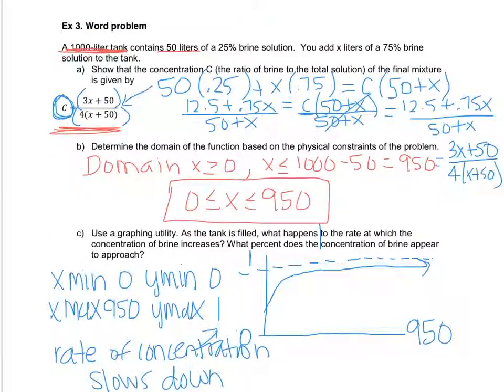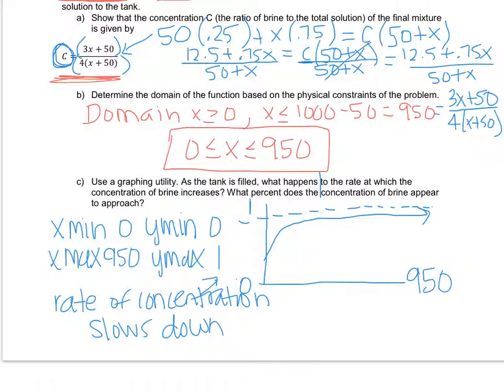Now, how can you tell that algebraically? Well, remember, asymptote-wise, we've got a y asymptote at 0.75. How did I get that number? If you look here at your original equation, remember, you take the highest powers of both top and bottom. So 3x over 4x.